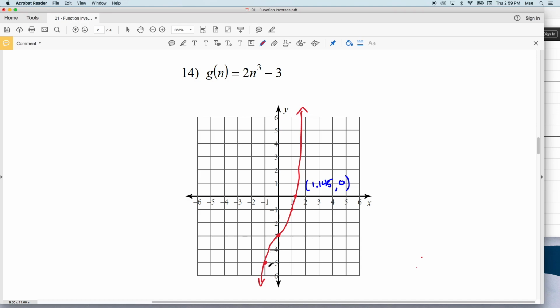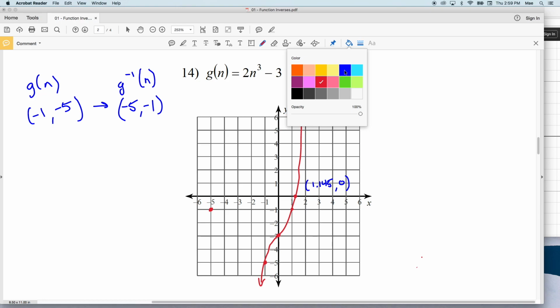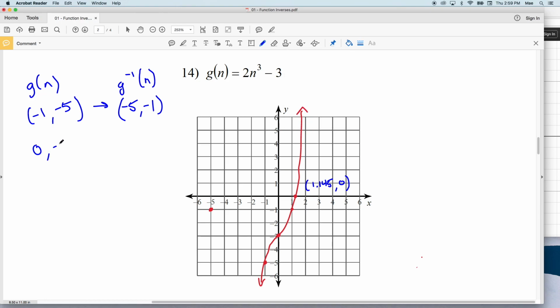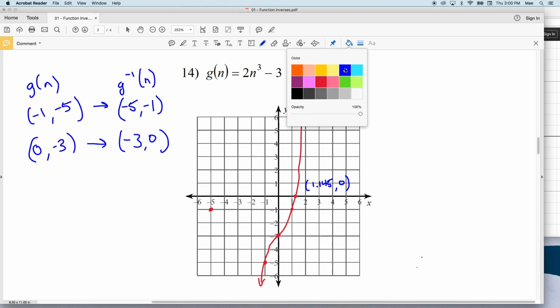So we have (negative 1, negative 5). Instead of (negative 1, negative 5), we're going to switch that to (negative 5, negative 1). And then, as opposed to (0, negative 3), we're going to plot (negative 3, 0).